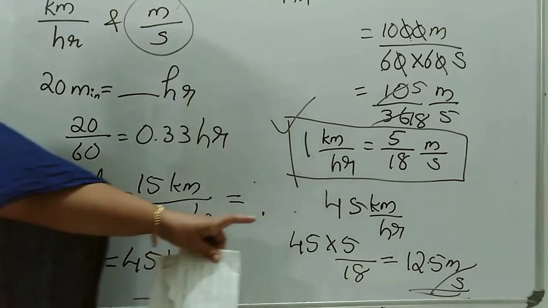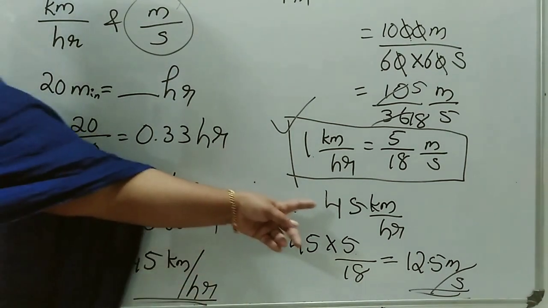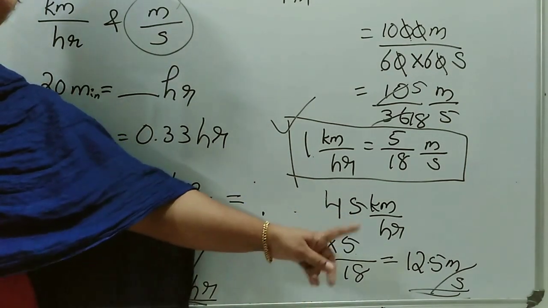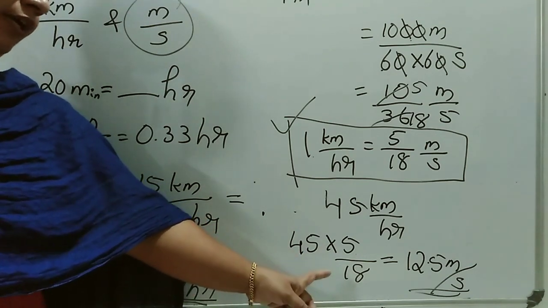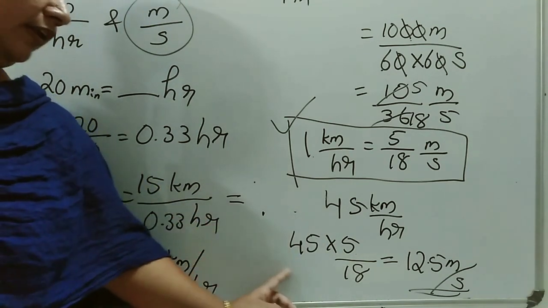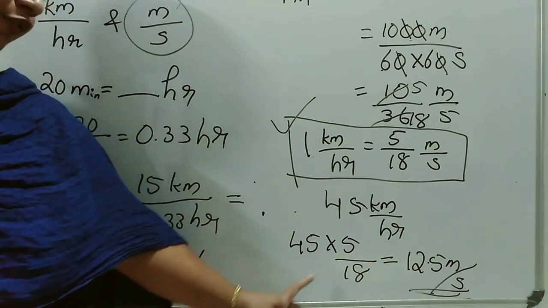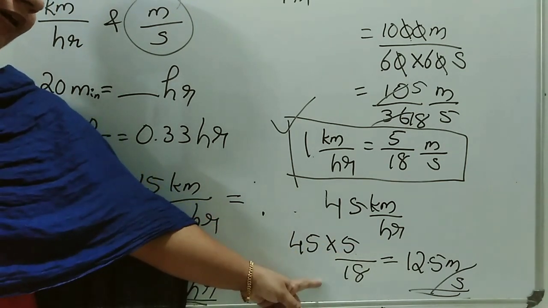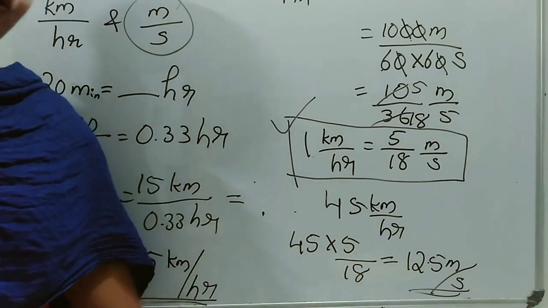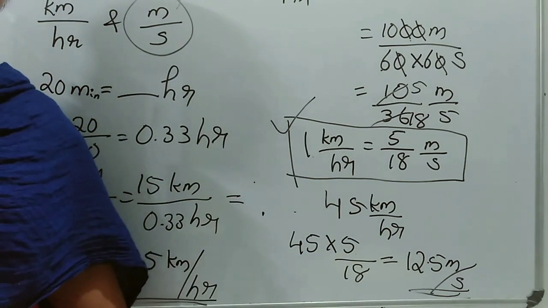Final answer after converting 45 kilometer per hour to meter per second: just multiply the given value in kilometer per hour by 5 by 18. 45 into 5, divided by 18, you will get the answer 12.5 meter per second.